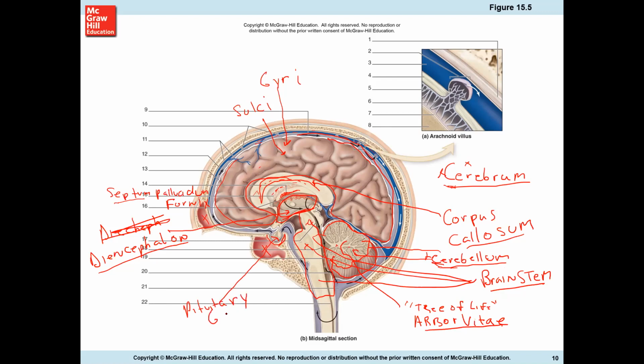Pituitary gland is ventral, right, on the bottom of the brain. Now this is an upright brain, right? You see quadruped, it's very vertical. Well, you see the sheep. The spinal cord goes this way. So the pituitary gland is on the bottom of the brain in the human and in the sheep.